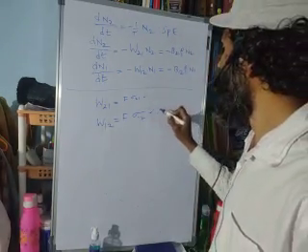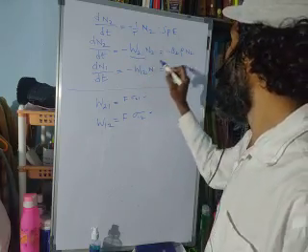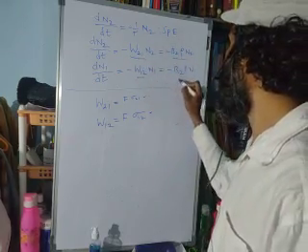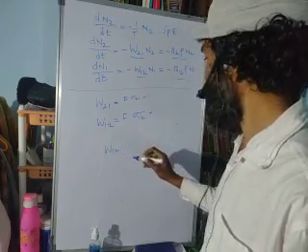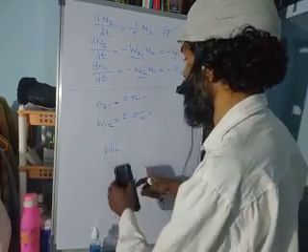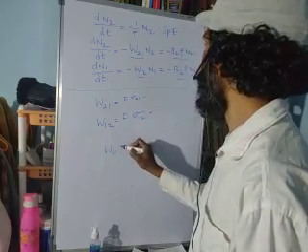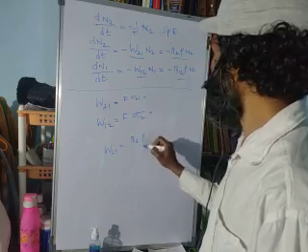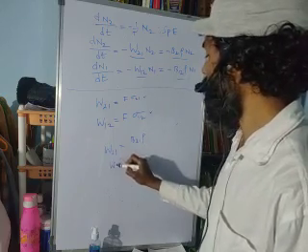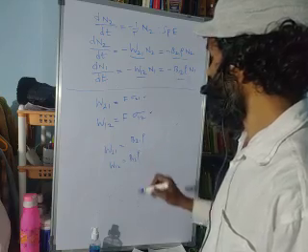But if we compare these, W21 should also be simply B21 into rho, and W12 should simply be B12 into rho.